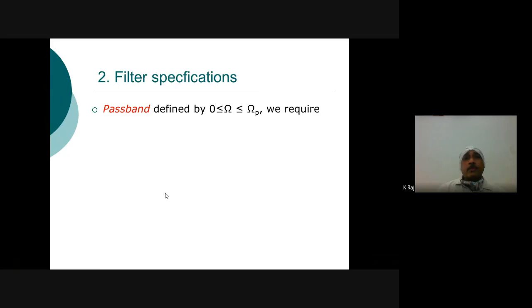Now, the pass band is defined as the range of omega from 0 to omega p. We are trying to specify the analog low pass filter in the pass band. What is the magnitude of this one? Mathematically we can say it is 1 minus delta p to 1 plus delta p.